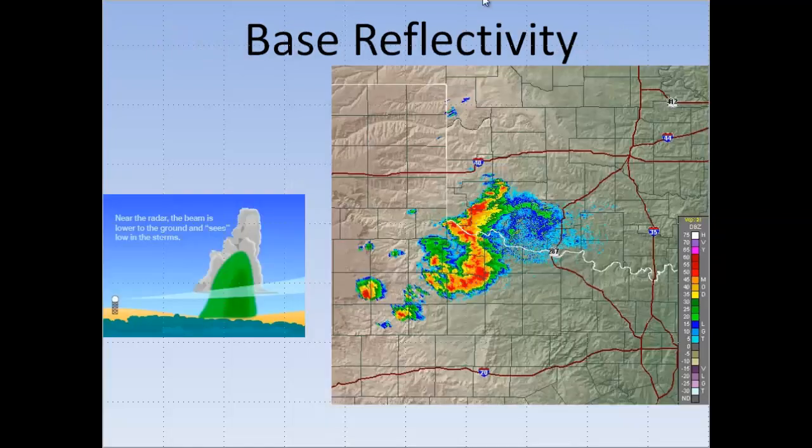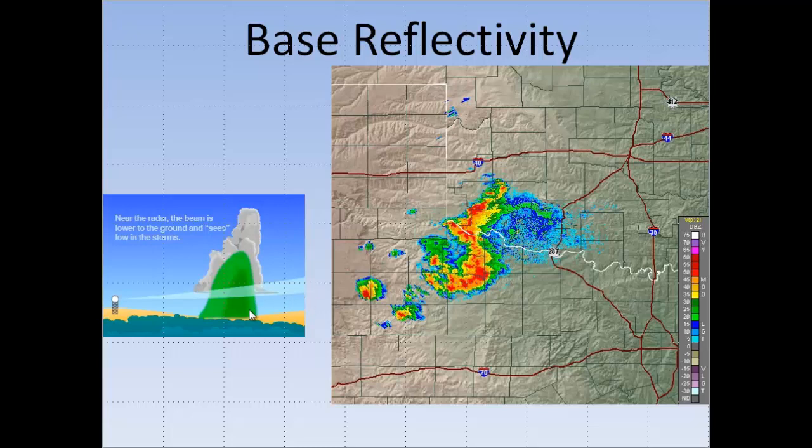I wanted to demonstrate the difference between a single slice reflectivity product and a volume reflectivity product, which I'll show on the next slide. This is an example of a half-degree reflectivity product of some thunderstorms, and this is just one single slice of the storms that are fairly close to the radar.